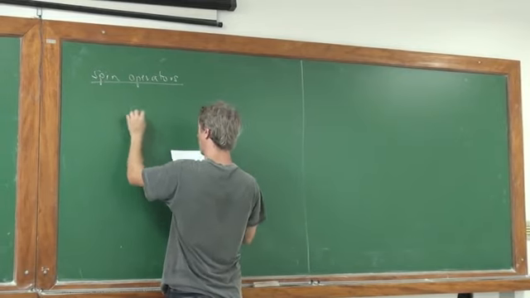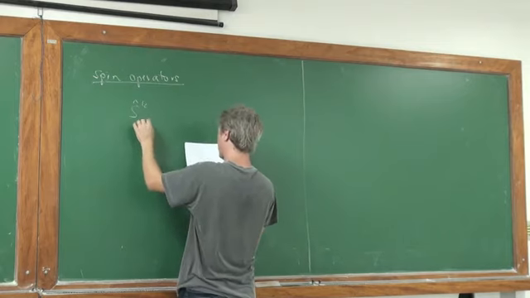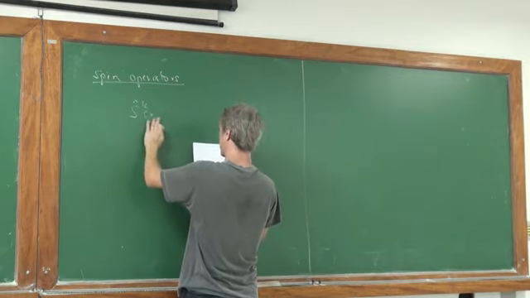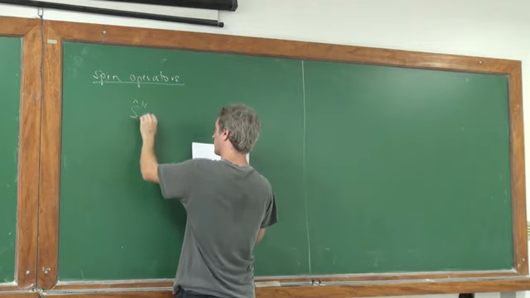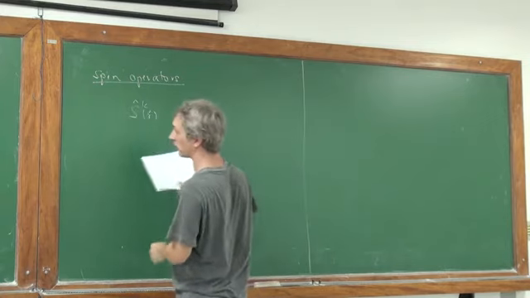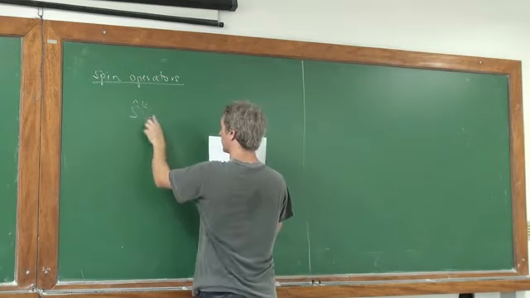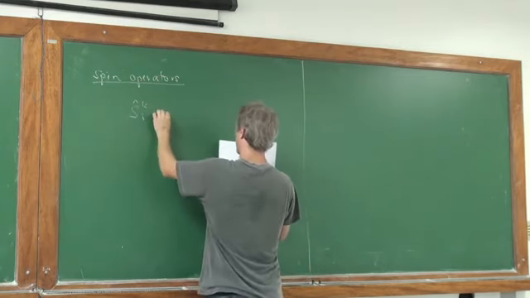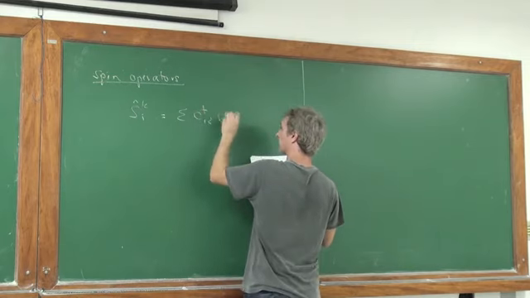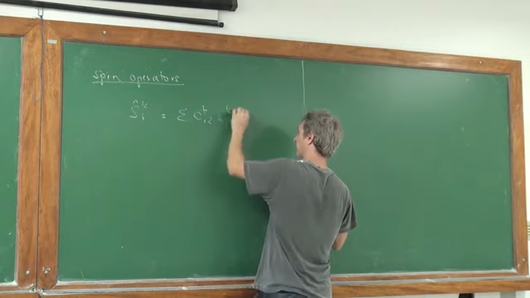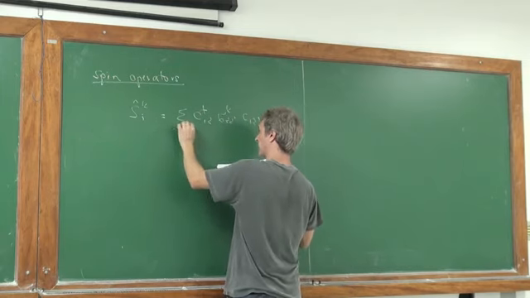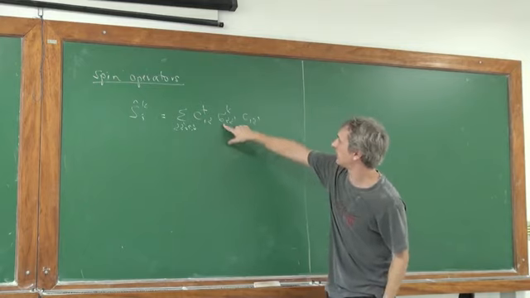So we introduce a spin operator for the k component of spin, at site I. So this is here the k-th Pauli matrix.